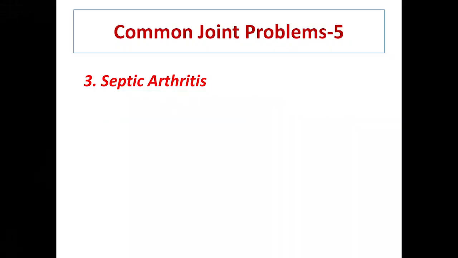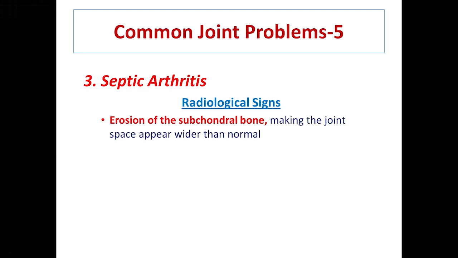You can notice here that joint spaces are wider due to erosion of the subchondral bone. While in case of osteoarthritis or osteoarthrosis, the joint space becomes narrower. In this case, you can see that there is an increase in the joint space. It becomes wider.